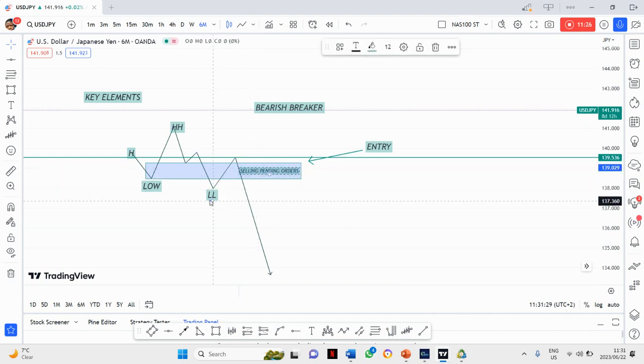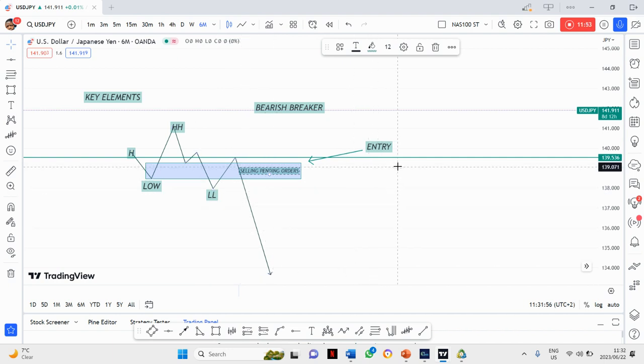Once the market comes and breaks this low and creates a lower low, just know that the market will have to go and mitigate the order block. It has to mitigate the order block or the fair value gap, or sometimes it goes to the fair value gap. That is what matters most while you are trading.